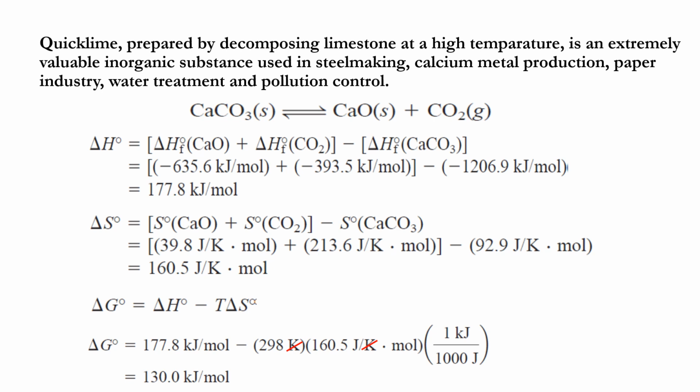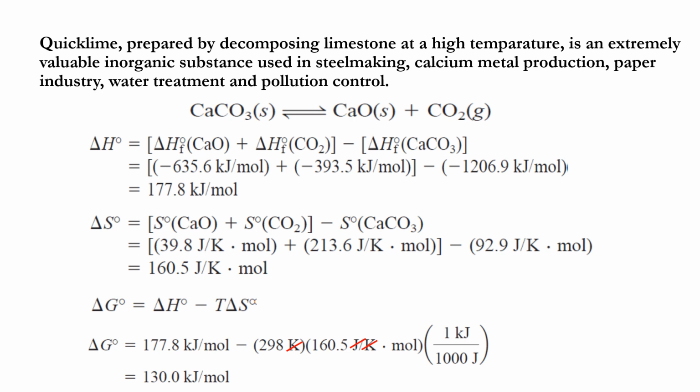Notice that unlike in our first example, we have obtained positive free energy for the reaction. So that gives us the idea that the reaction is not spontaneous. Having a free energy of the reaction positive, we cannot tell that the reaction is spontaneous.